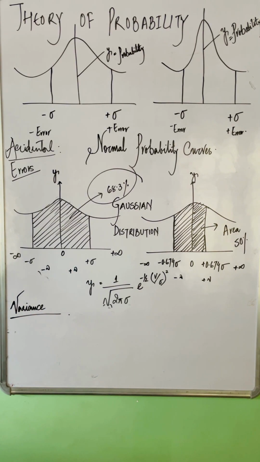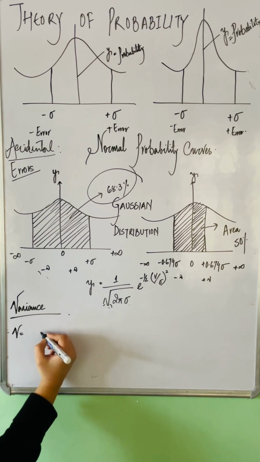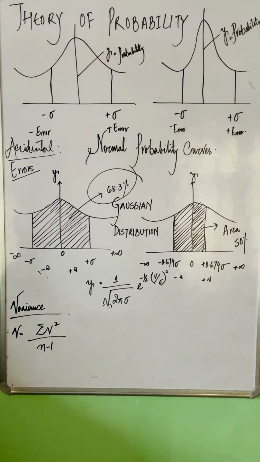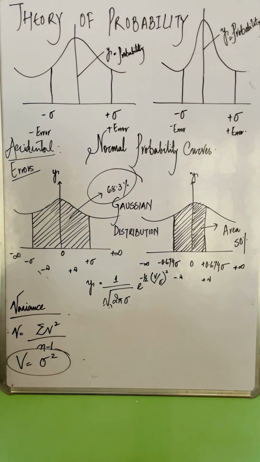The square of the standard deviation is also called the variance, so V is equal to sigma squared. Variance is also used as a measure of dispersion or spread, but in surveying, we commonly use standard deviation.